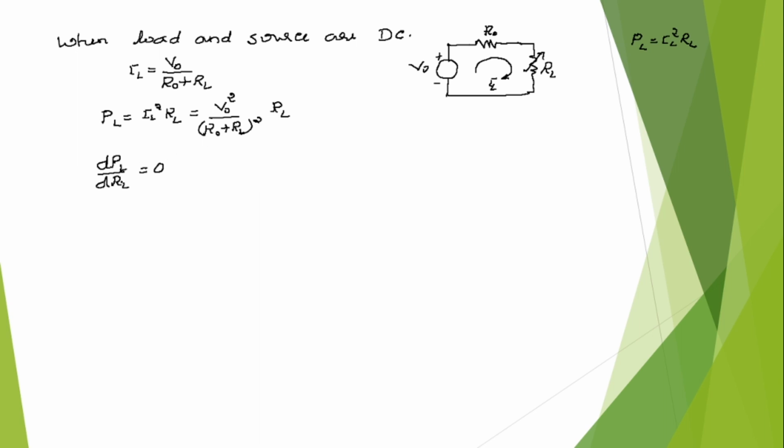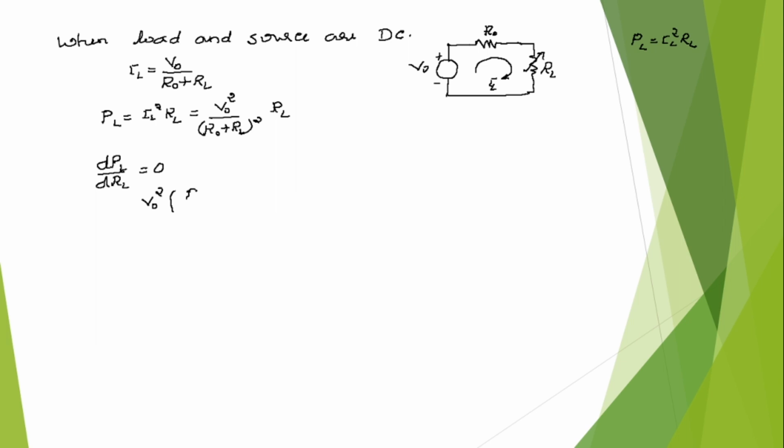So what is dPL by dRL? If I differentiate this, V0 square is constant, it is not a function of RL. Now these two are functions of RL, so based on the U by V rule, it is V du minus U dV.